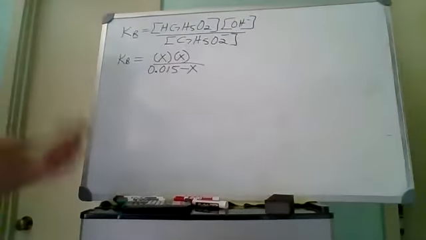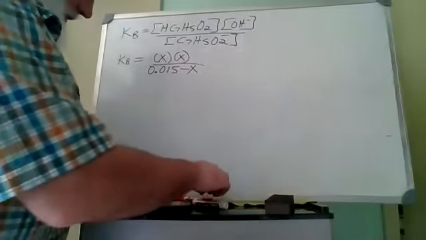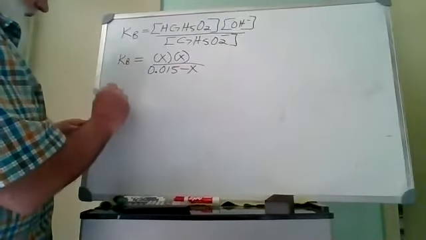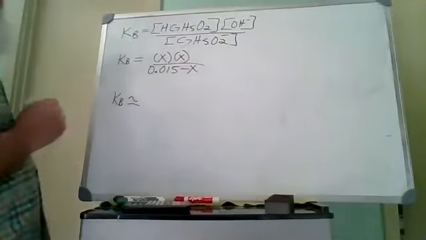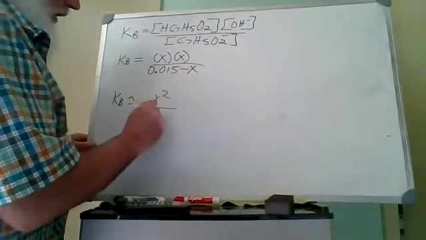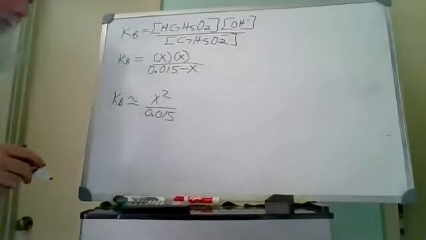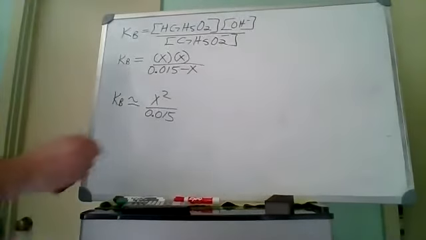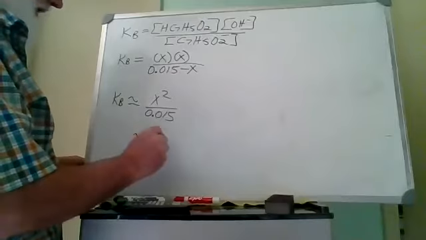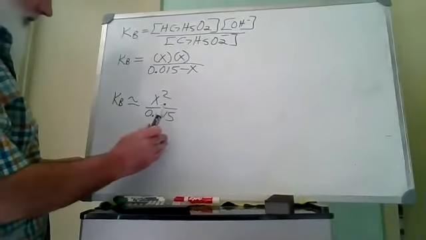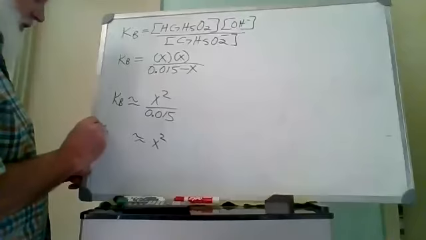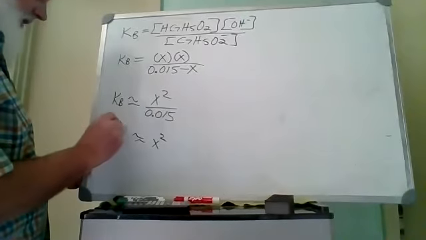You see how all these things tie together? So I'm going to write, instead of an equal sign, KB is approximately X squared divided by 0.015. Or X squared is 0.015 times KB.